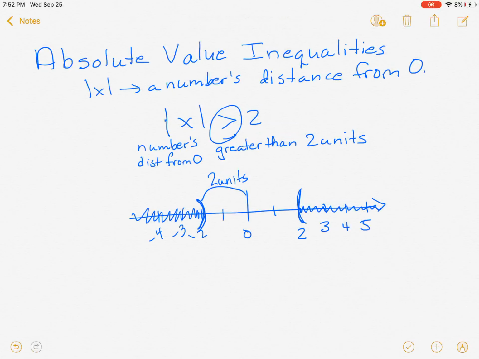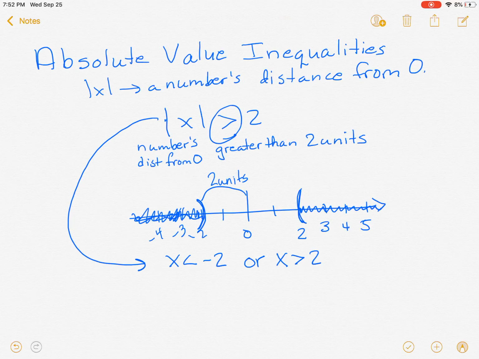All right, looking at this graph, it's going to tell me how to change this absolute value into 2 inequalities. The first one is just x greater than 2. Now, when we were doing compound inequalities, the word that connected 2 pieces of a graph was the word or. And then this piece of the graph here is x less than negative 2.